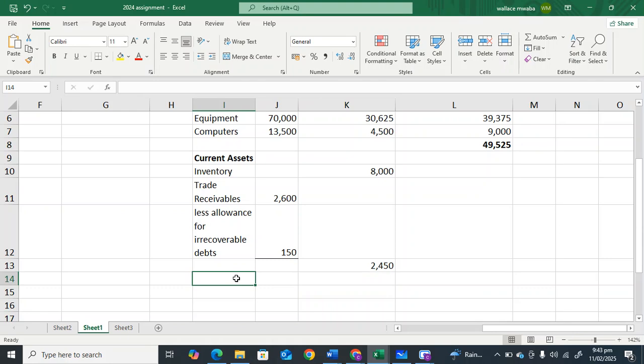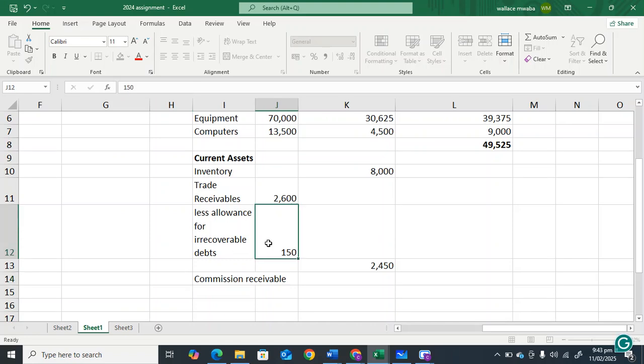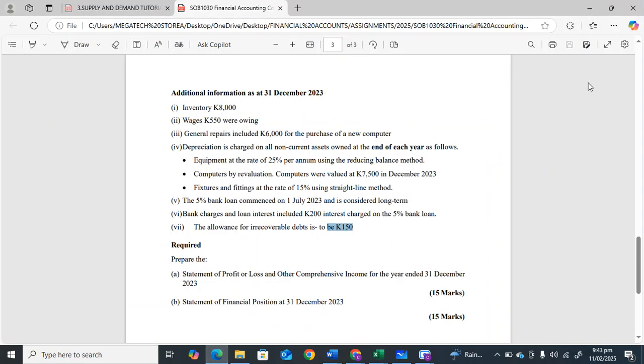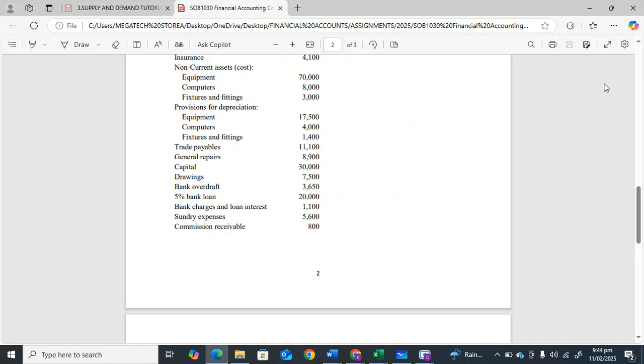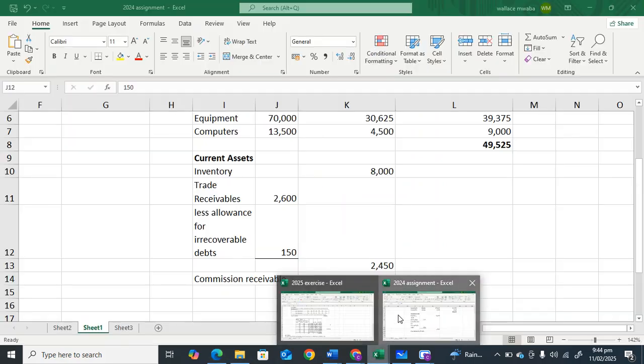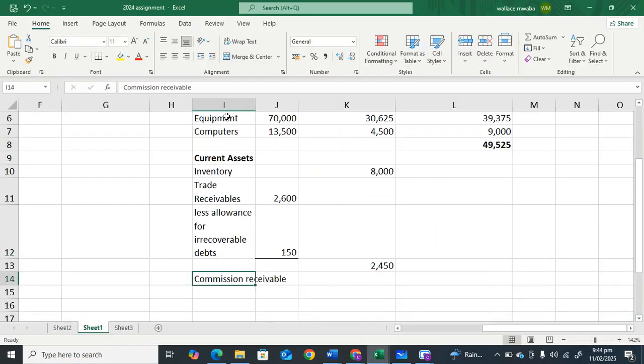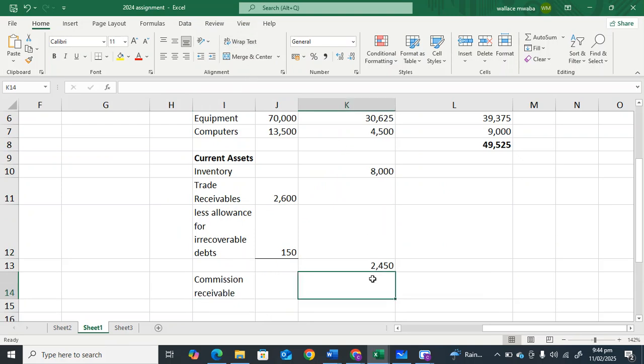Then finally, commission receivable. This commission receivable is 800, because you did something for somebody, so they're owing you commission. So 800 here.